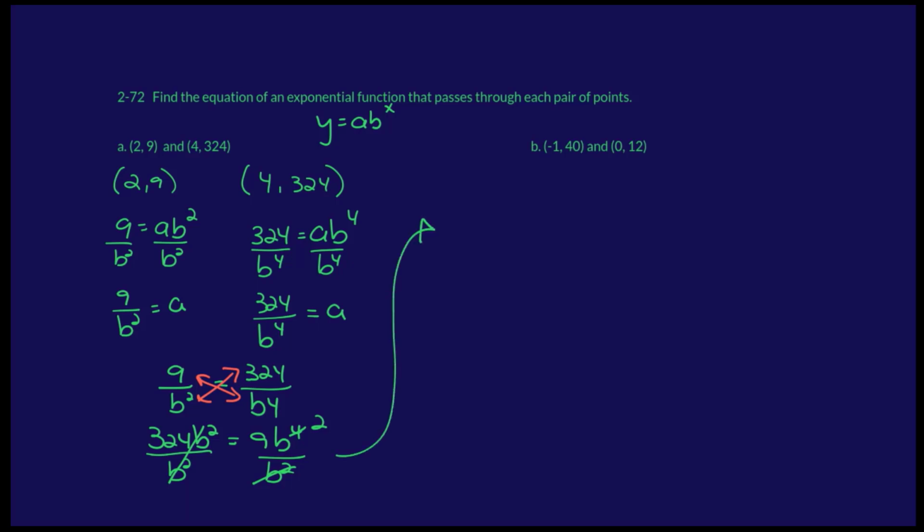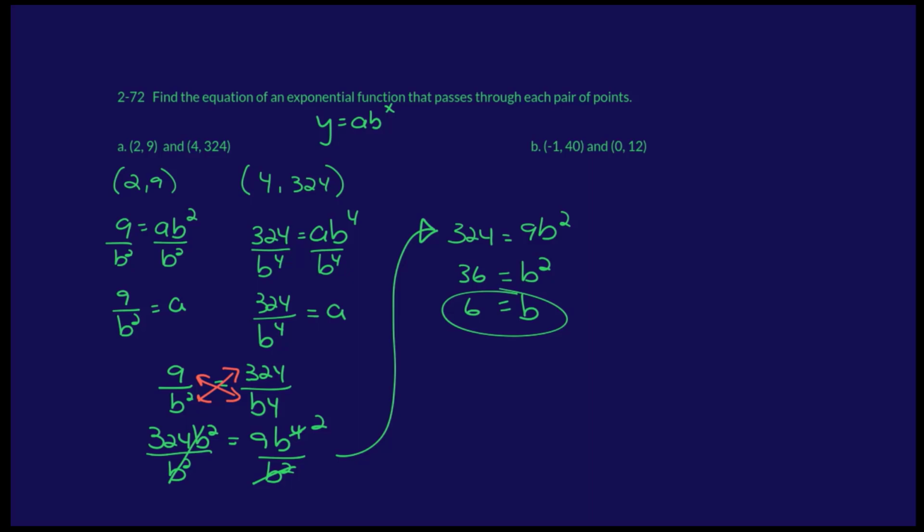So then that means that 324 equals 9b squared. So now I need to divide by 9. And so 324 divided by 9 is 36. That means b will equal 6. Okay? So I've got to plug that back into the equation.